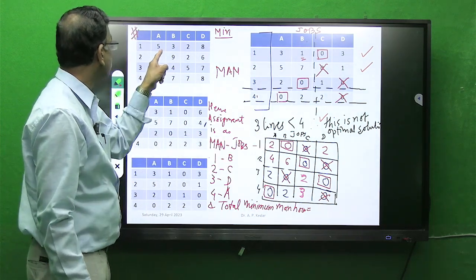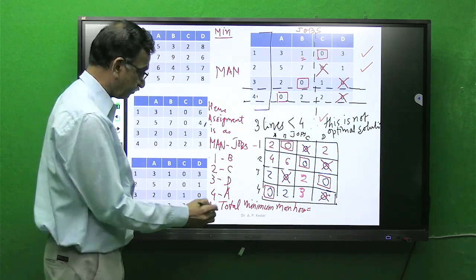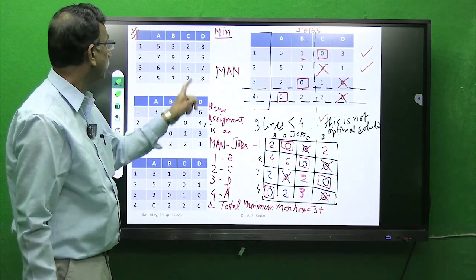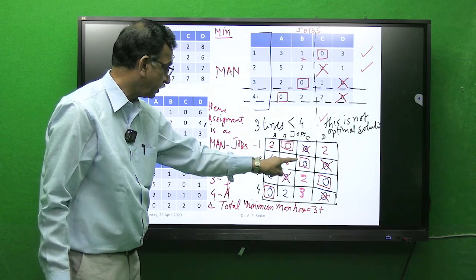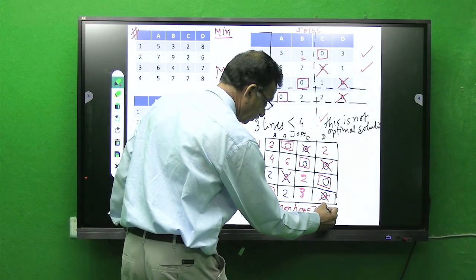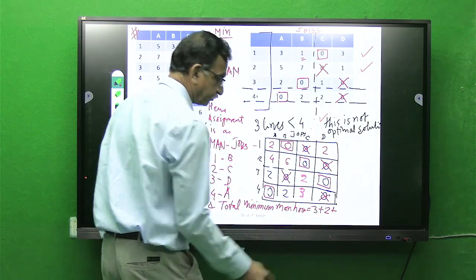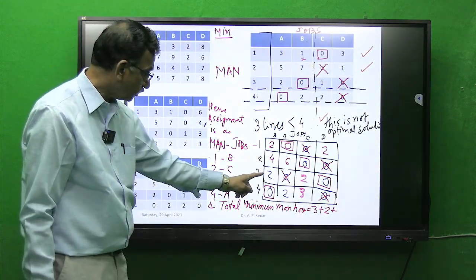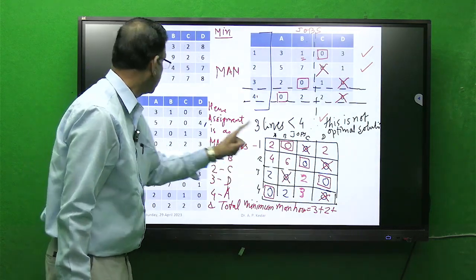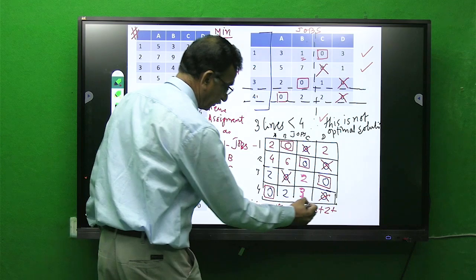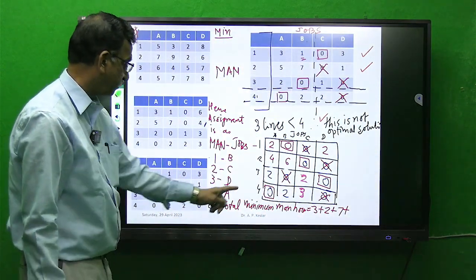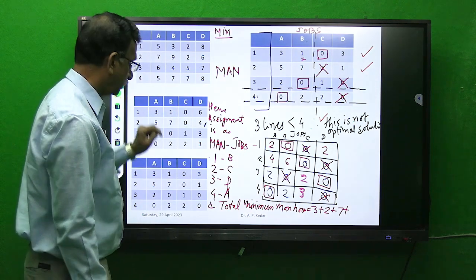Go to the original matrix. Check the value: 3, plus 2C is 2, plus 3D is 7, plus 4A is 5.